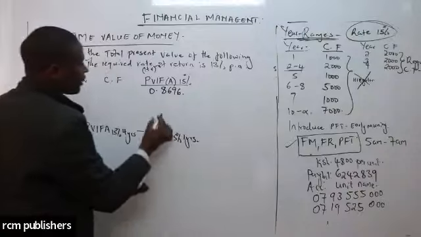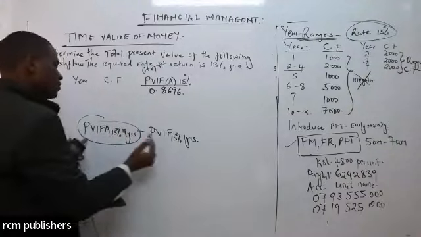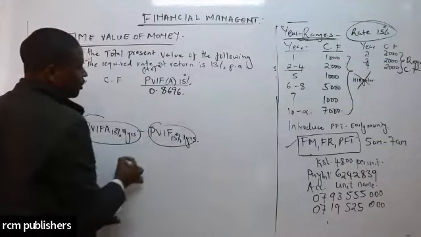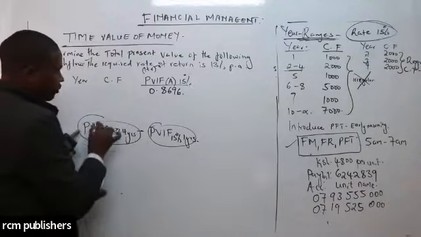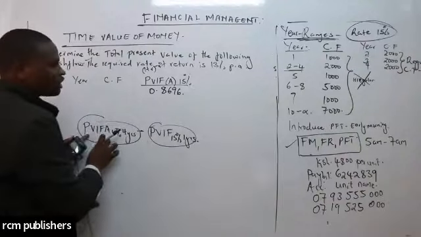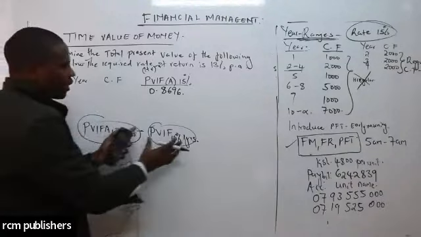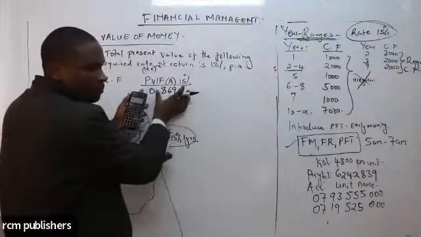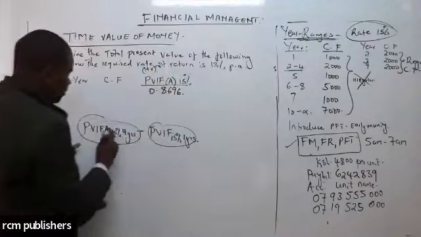Because you have already included your 1 year here. But since you already have the PV for year 1, you eliminate it from the total. This will give you the total. Once you compute this, you are getting the PV for the whole 4 years. You eliminate that of the past year because you already had it. This will be simple.